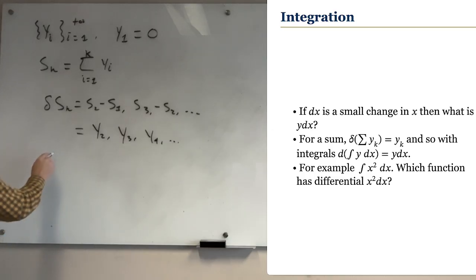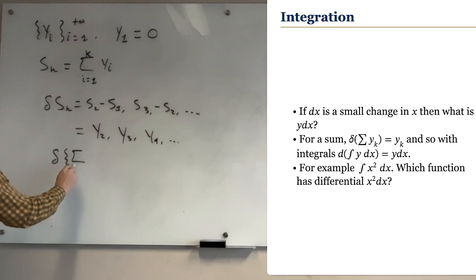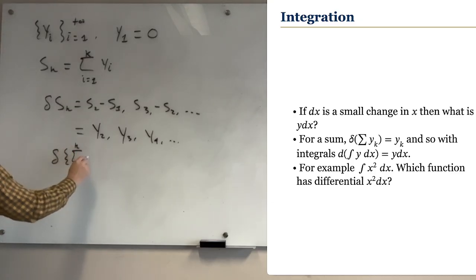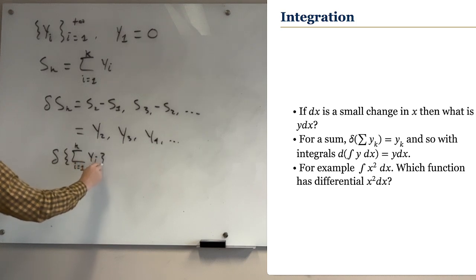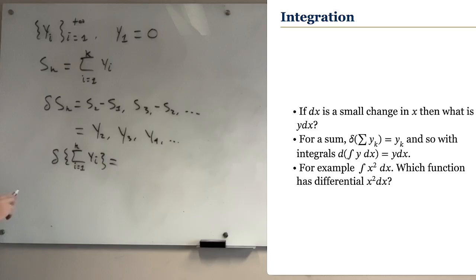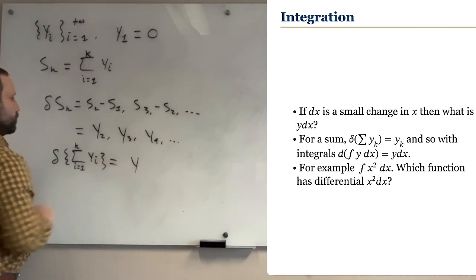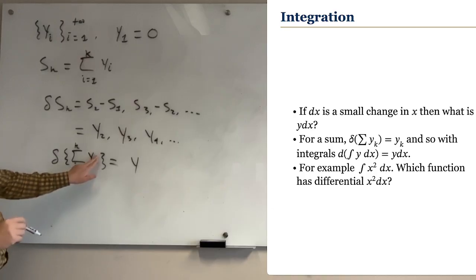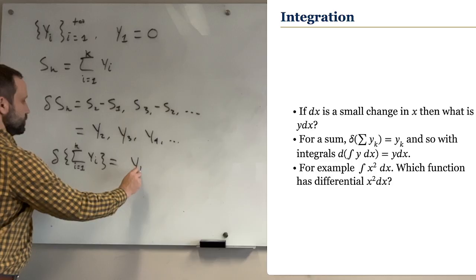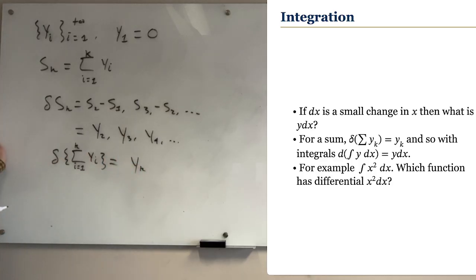Okay, so in terms of sequences, if we have this sequence of sums, the sum from i equals 1 to k of y_i, what we get when we take the difference is simply the y sequence. That's what we're going to get from the difference sequence.